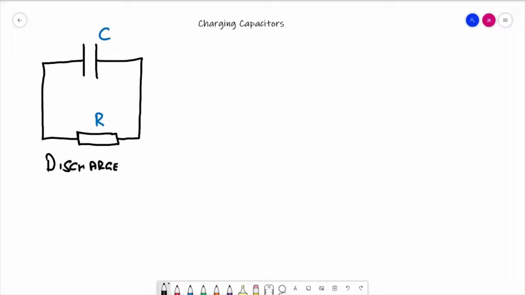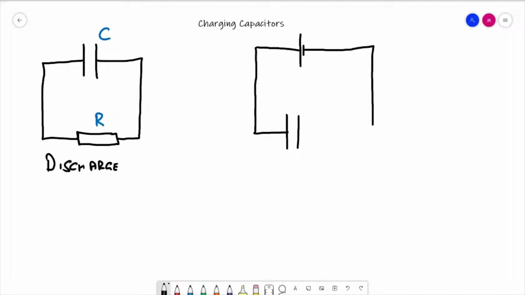For charging then, we obviously need some kind of energy supply, some kind of battery cell, whatever you want to call it. So there we go. And we'll still have our capacitor, because obviously that's what we're trying to charge. And we will normally have a resistor in that circuit as well.